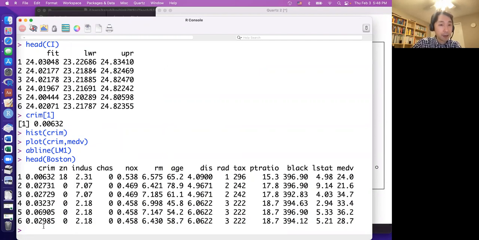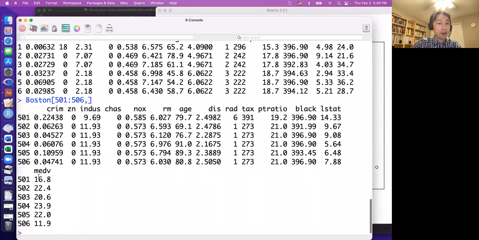Maybe it's a little bit obvious. The Boston dataset has 506 observations. So maybe we can see some other ones. For the 501st to 506th observations, the crime rate is 0.22. Maybe still it's not really high.